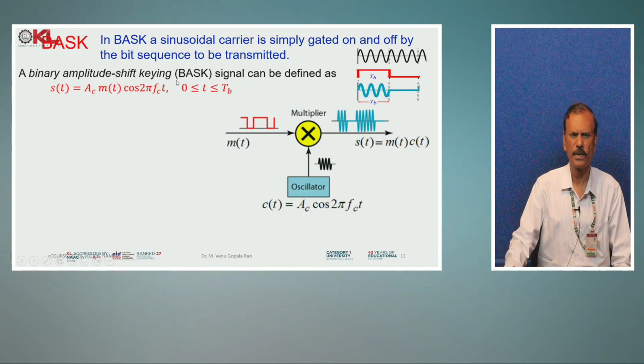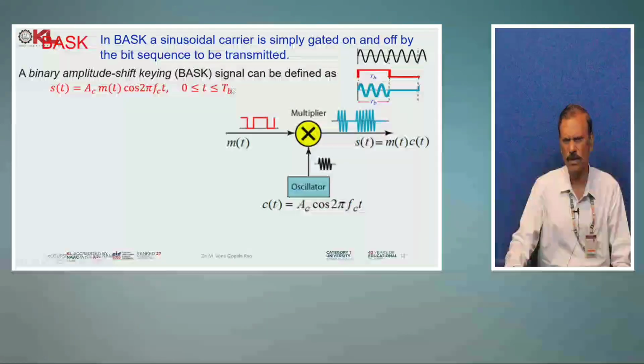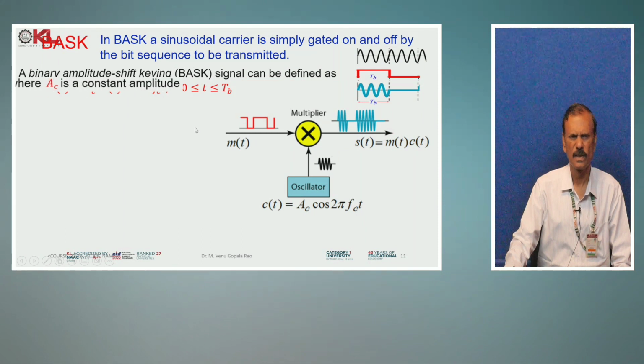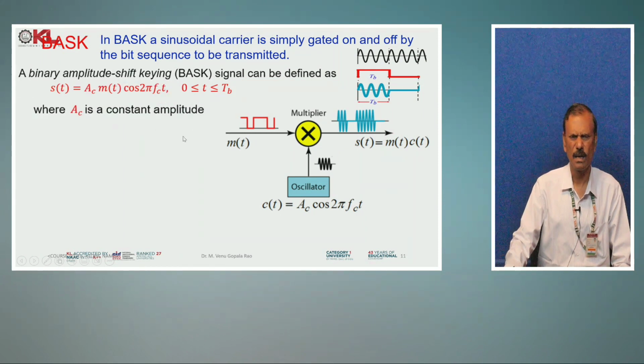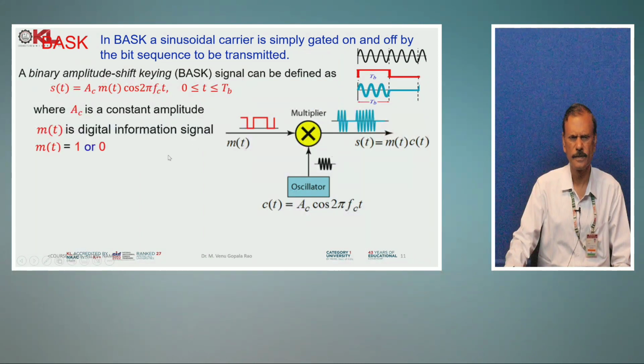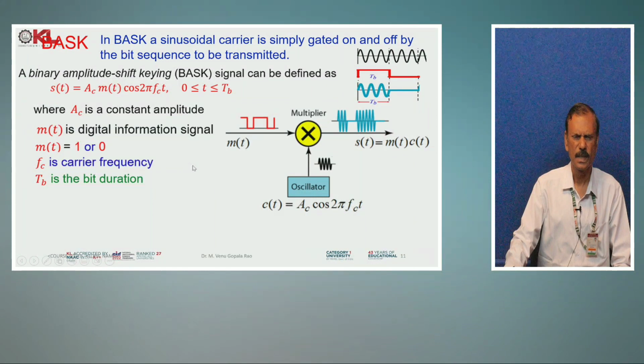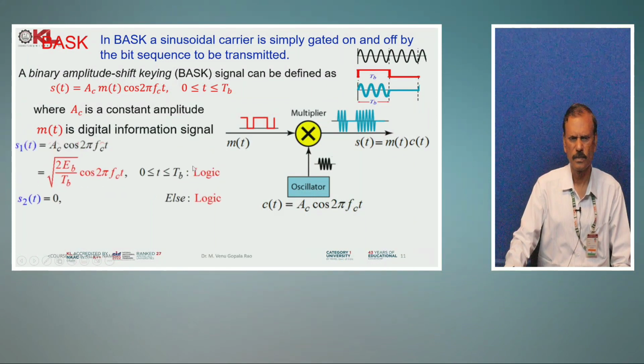In binary amplitude shift keying, the signal can be defined as s of t equals Ac m of t cos 2 pi fc t, where t is between 0 and Tb, the bit duration. Here Ac is the constant amplitude, m of t is the digital information of the modulating signal, either 1 or 0, fc is the carrier frequency, and Tb is the bit duration.